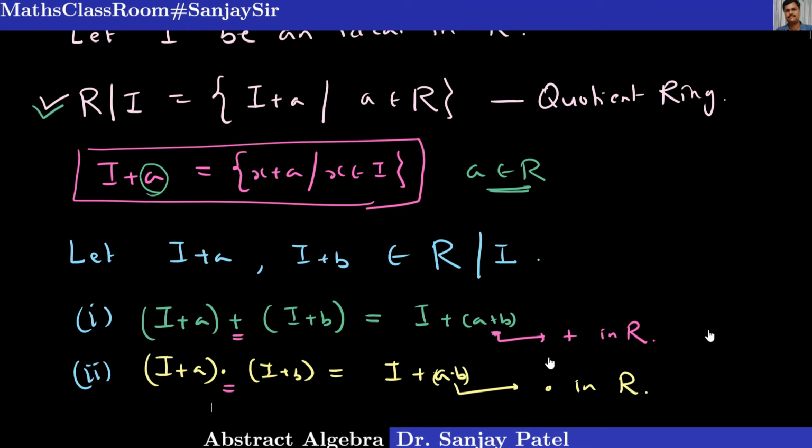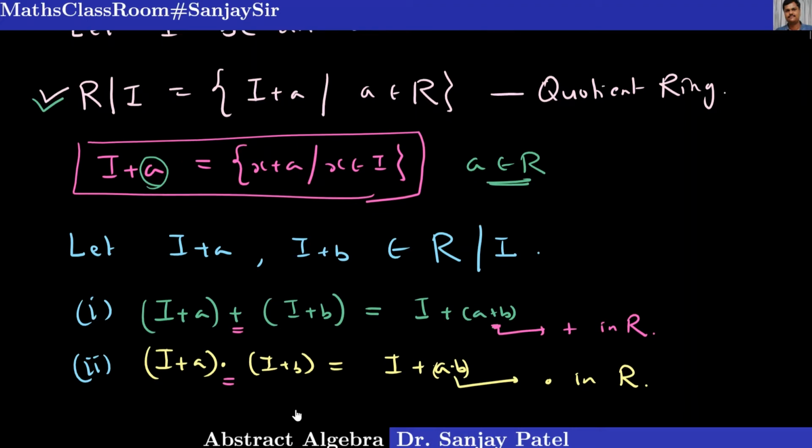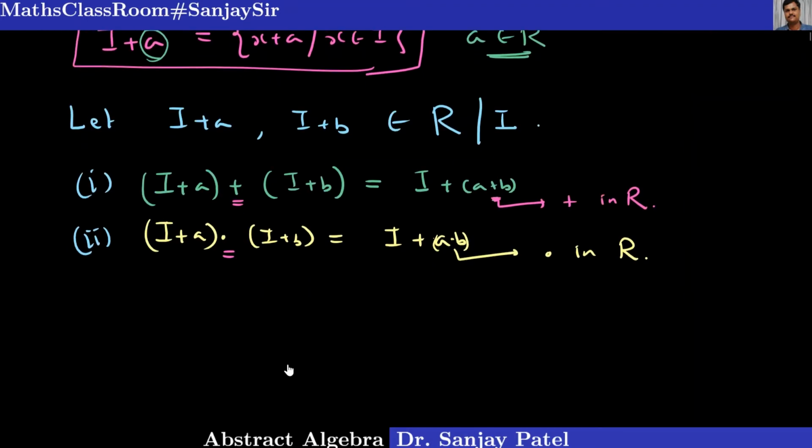Now before I prove that the set R mod I is a ring with respect to these two operations of addition and multiplication, just note one important thing, that a coset can be represented in many different ways.